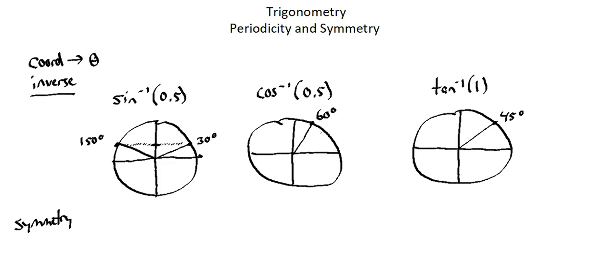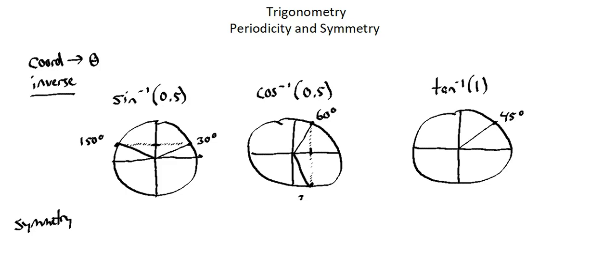Cosine has a value of 0.5 at the angle 60 degrees. Cosine is the x-coordinate, which means that on the x-axis I have a particular cosine value, and notice that I can go down to the other side of the unit circle and I will have another point with the same x or cosine value.